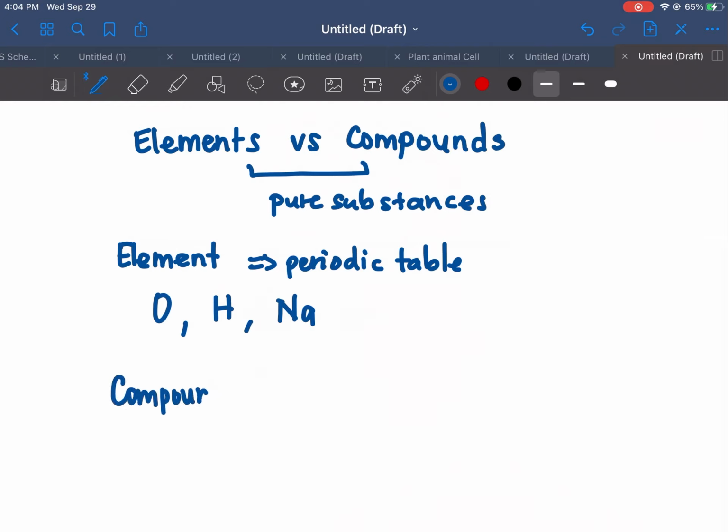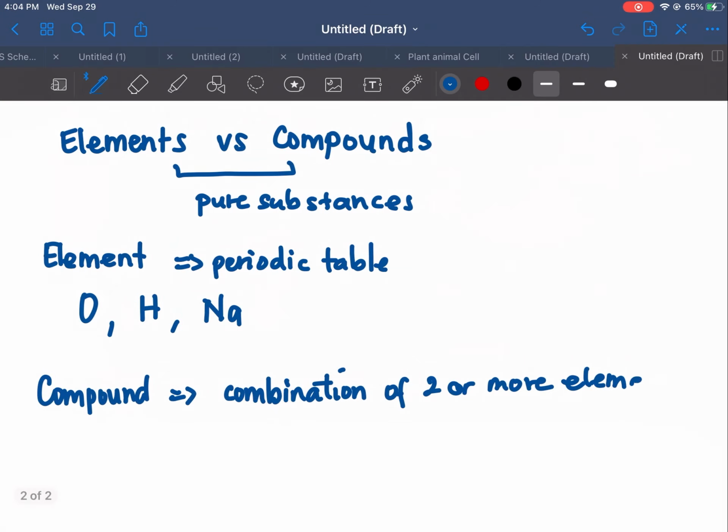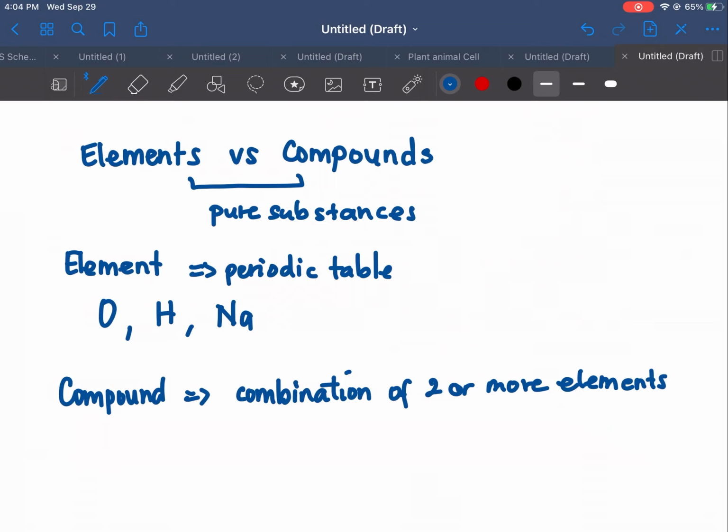A compound, on the other hand, is a combination of two or more elements. Regardless of whether the elements are different or the same, as long as you have two or more elements, we consider that a compound. So, for example, H2. That's two hydrogens attached to each other.